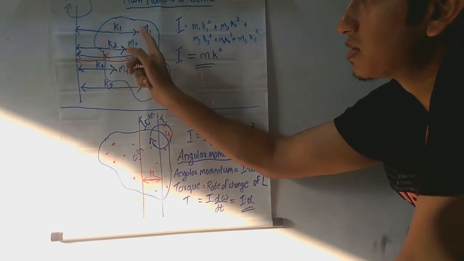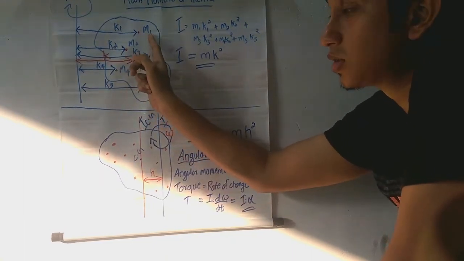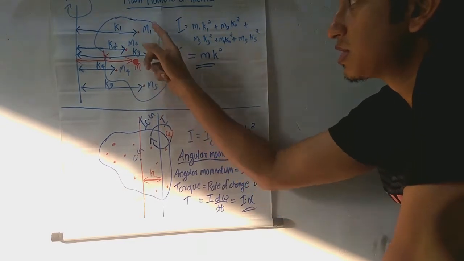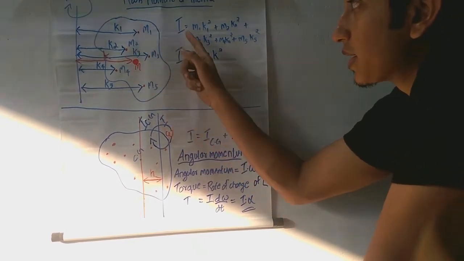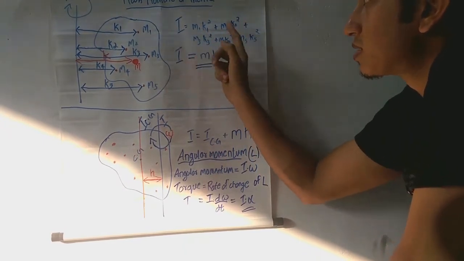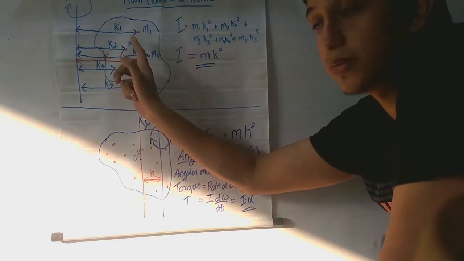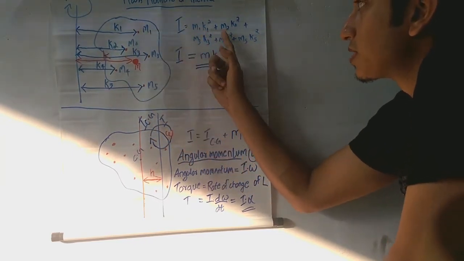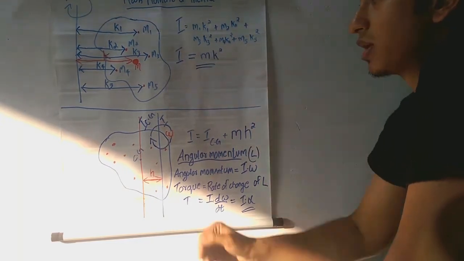This K1 means the distance from this rotational axis to this point mass. So, if this body consists of infinitesimally small masses, you have to keep adding, like m1 multiplied by the distance squared, m1 k1 squared plus m2 k2 squared, up to mn kn squared.